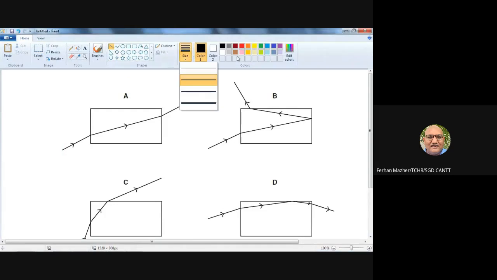So here the light is entering. Where the light entered into the glass block, it was supposed to bend towards the normal and it bent. So there's no problem.